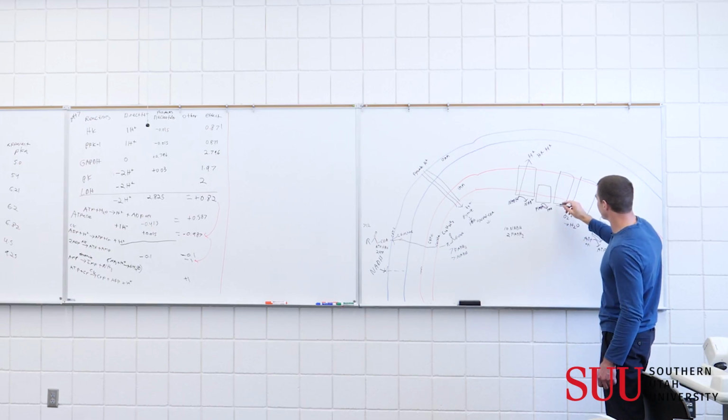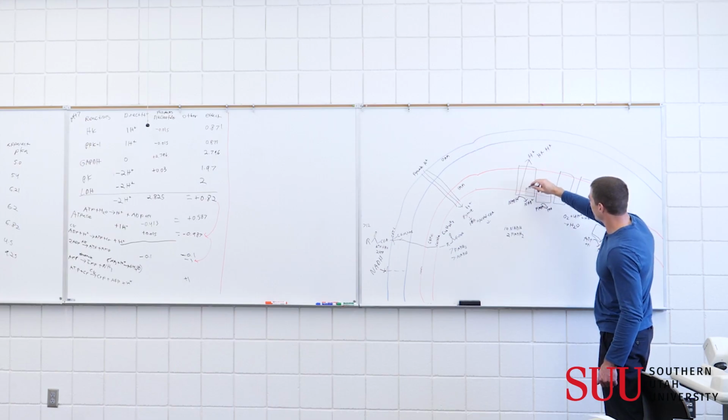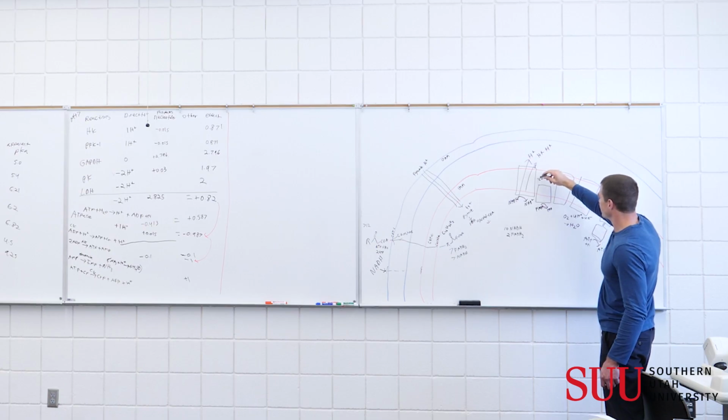And then we have this complex here, so you have the electrons. As these get pumped, you have your CoQ10, basically your ubiquinol, and this electron carrier is going to carry your electrons to complex 3.